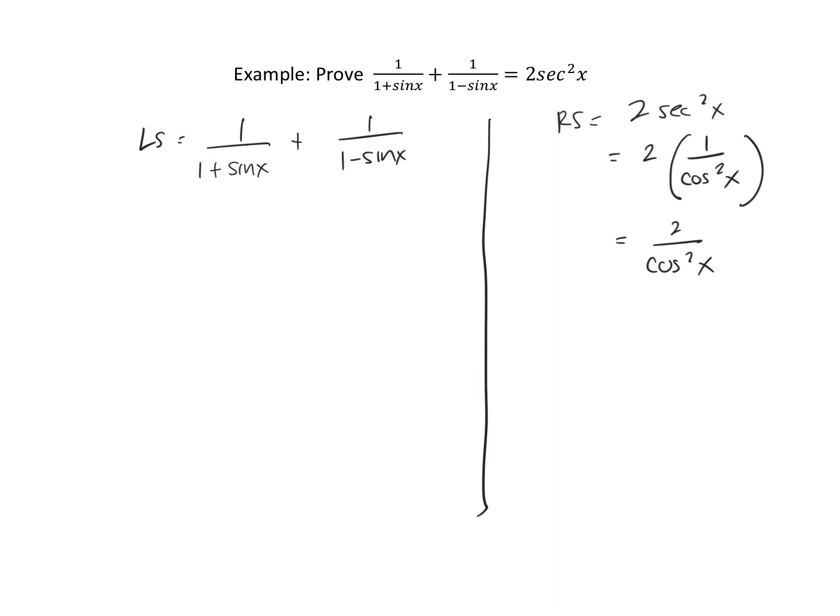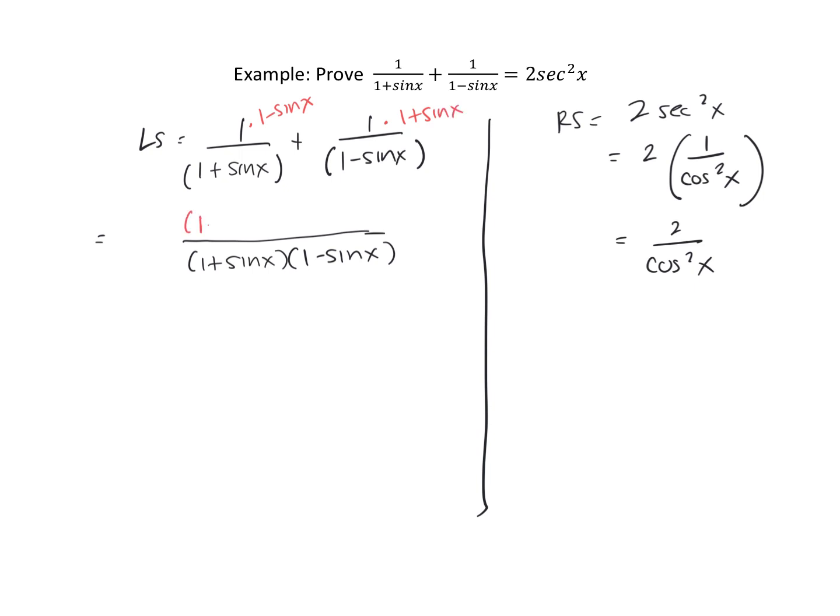So I'm done on the right side. So now I'm going to go over to the left side. What can I do to simplify here? Well, they're both in sine. So I'm adding fractions, which means I need a common denominator. So in a previous unit, we looked at rational expressions and finding a common denominator. So my common denominator has to include 1 plus sine x and 1 minus sine x, which means that I need to multiply this numerator by 1 minus sine x, and I need to multiply this numerator by 1 plus sine x.